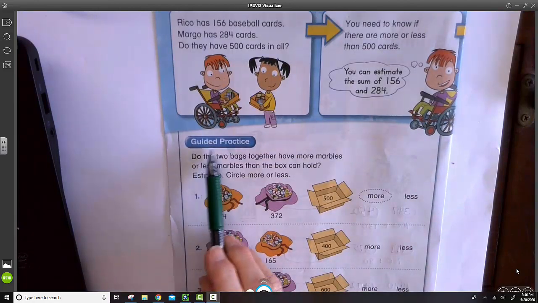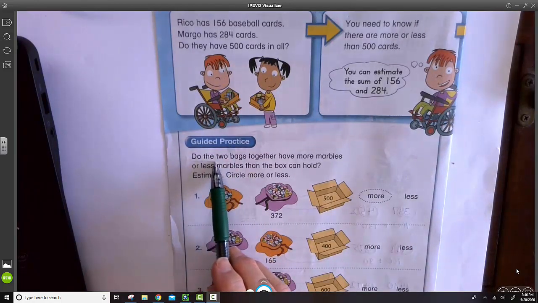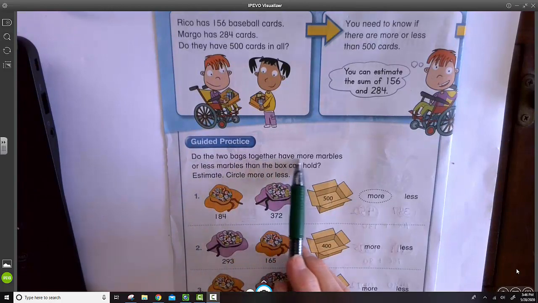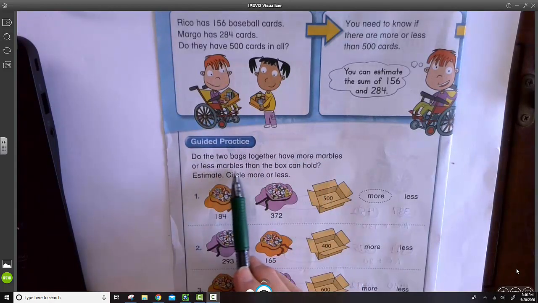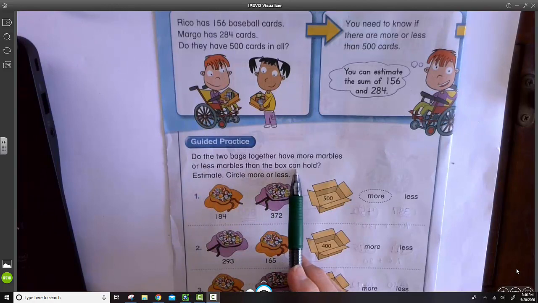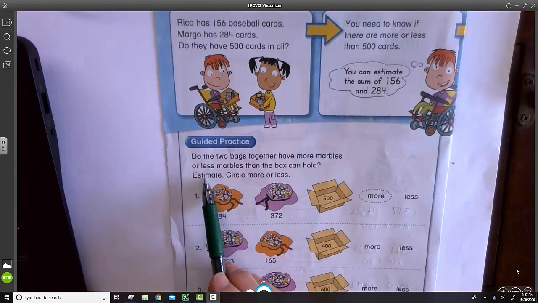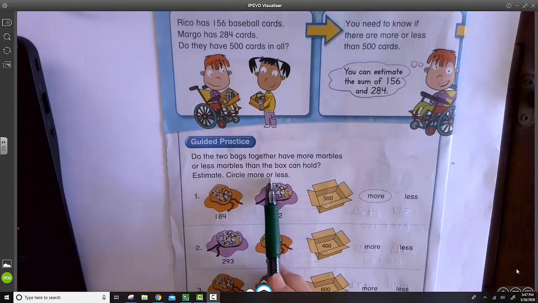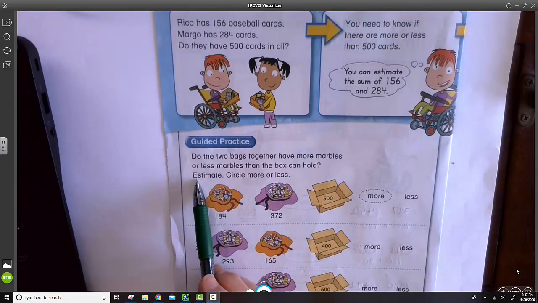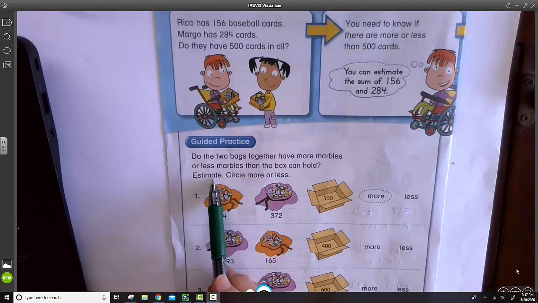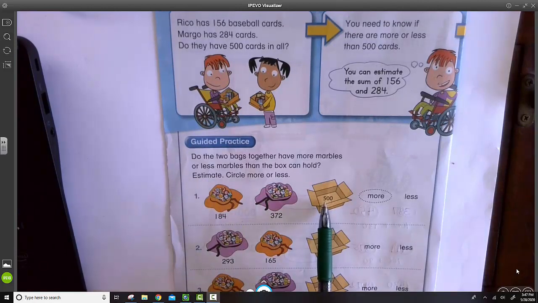So moving down to our guided practice, do the two bags together have more marbles or less marbles than the box can hold? Estimate. Circle more or less. When you see the word estimate, it does not mean to complete the algorithm. It's meant for you to use larger numbers or simpler numbers to make the problem easier for your estimation.